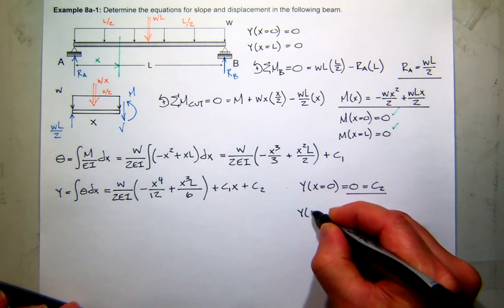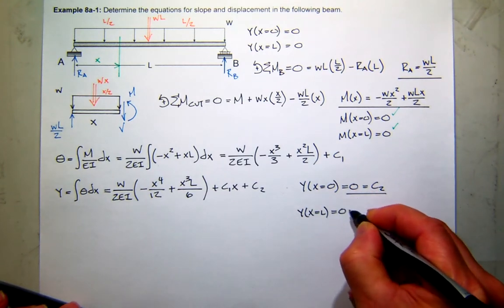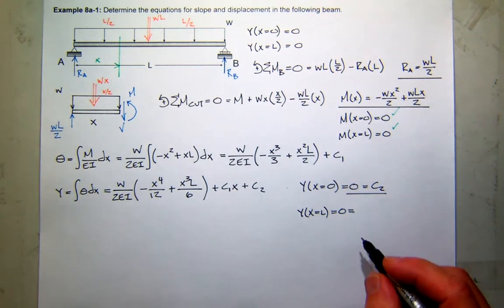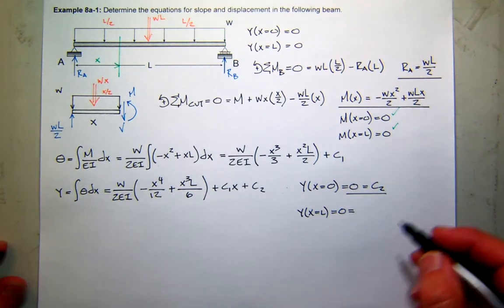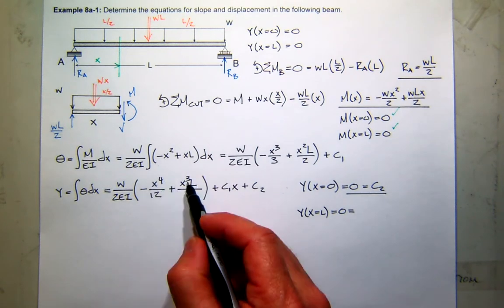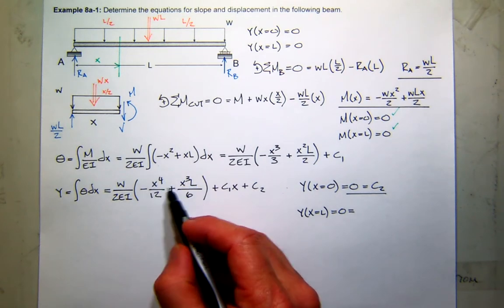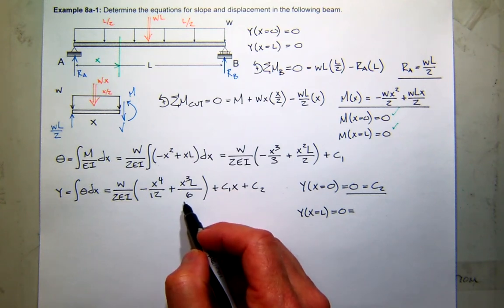I also know that at x equal L, the displacement has to be 0. So I've got to plug in x equal L here. So I put in x equal L here and L here. You can see these are both L to the 4th. So I've got 1/12 plus a 6, which is what? A 12th, right?